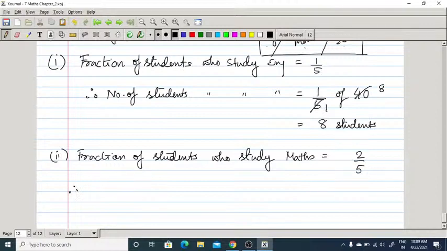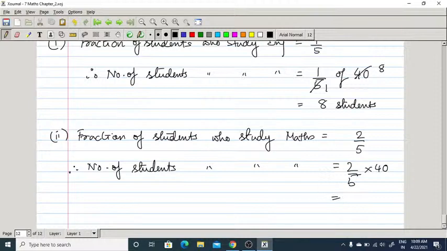So the number of students who study mathematics will be 2/5 of 40, isn't it? Which is equal to 5 twos are 10, 5 eights are 40. This is 16 students. And the remaining study science. So that is the third part, the remaining part.